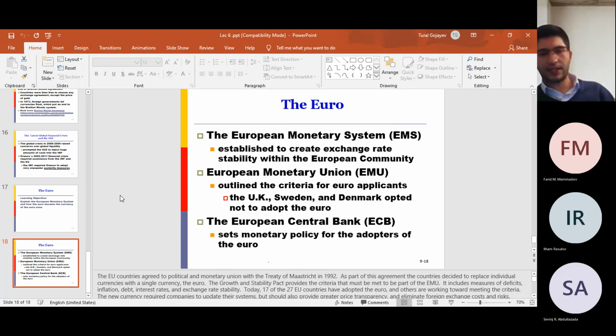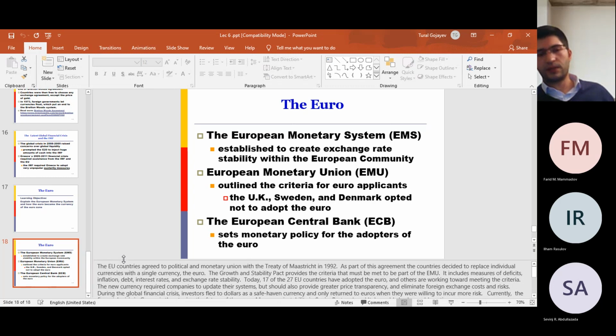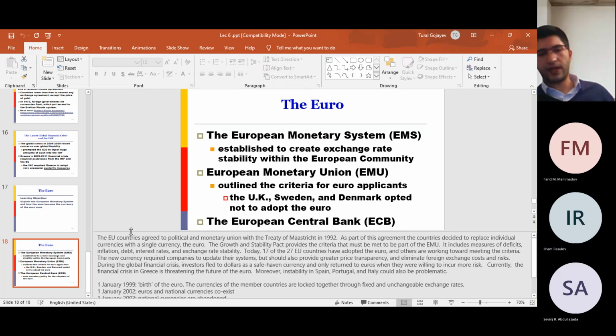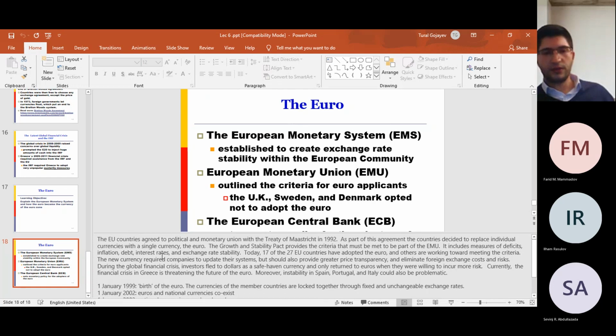We call it the birth of the euro. Do you remember that year, guys? We talked about it. 1999, the birth of the euro. I have added the notes. You will see that.